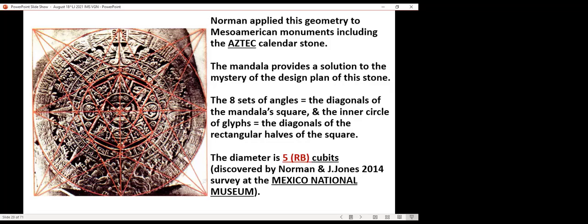The diameter was decoded by permission of the National Museum, opening this up for us in 2014. We were able to measure the diameter of the full circle, undistorted, and discovered it measures 5 Babylonian cubits.